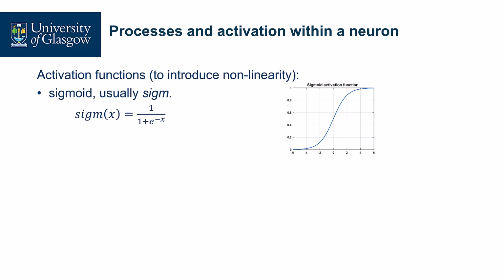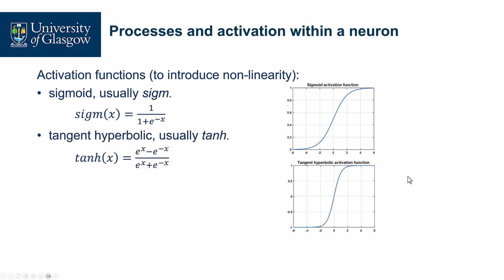The first one is the sigmoid function. We can see the formula is like this, and the shape is like this. For any input, it will be transferred to a number between 0 and 1. The second one we call the hyperbolic tangent. This is the figure and the formula is here.